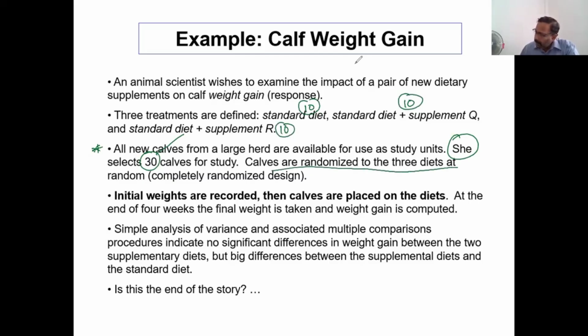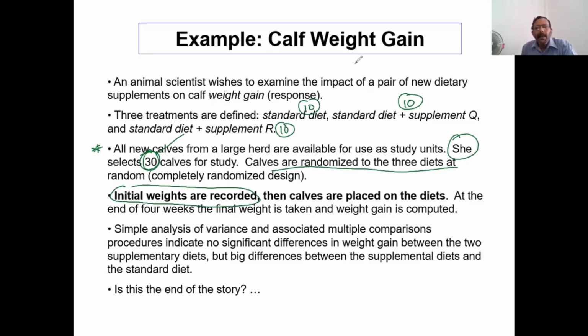So calves are randomized. Now we don't give any priority to any calves for any treatment. We randomize, and these 3 diets at random we give to the calves, and the initial weights are recorded. Because it is very difficult to get the same weight for all 30 calves. All 30 calves will not have the same weight.